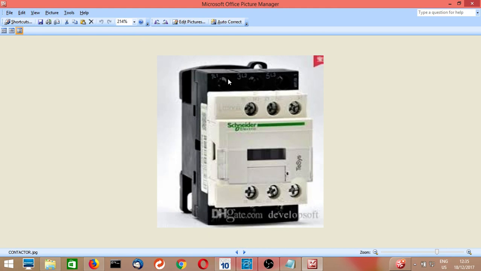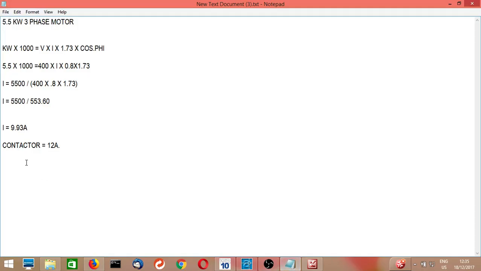The power supply should be connected to those. I will explain all these things while I am explaining the drawing. So we consider the 12 ampere contactor with 230 volt coil voltage for the DOL starter.